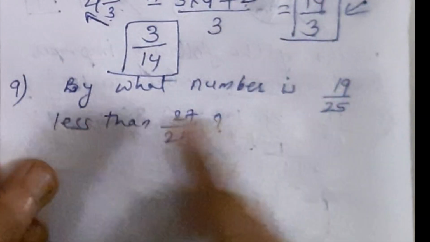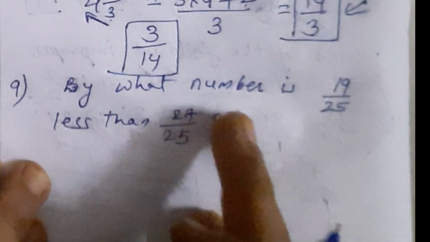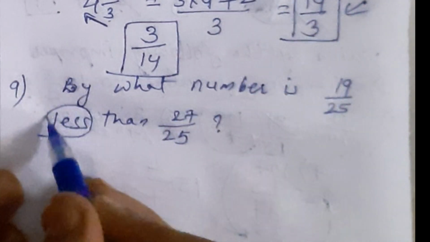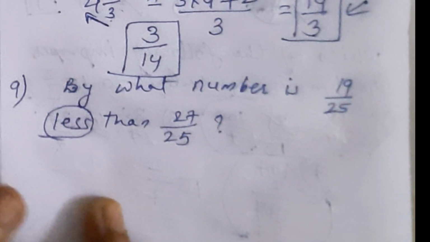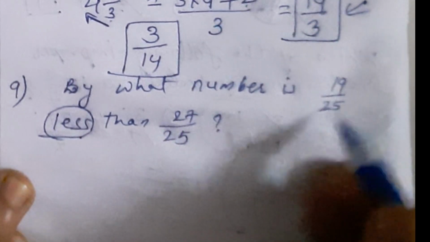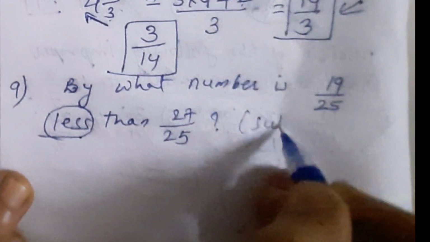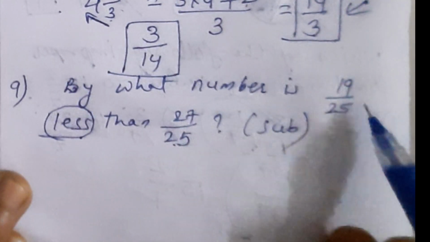Now the next question: by what number is 19 upon 25 less than 27 upon 25? Here you can get two varieties of questions. Either they can ask less or they can ask more. Whichever they ask, we need to subtract the two fractions. You need to choose which one is bigger, always bigger minus smaller.